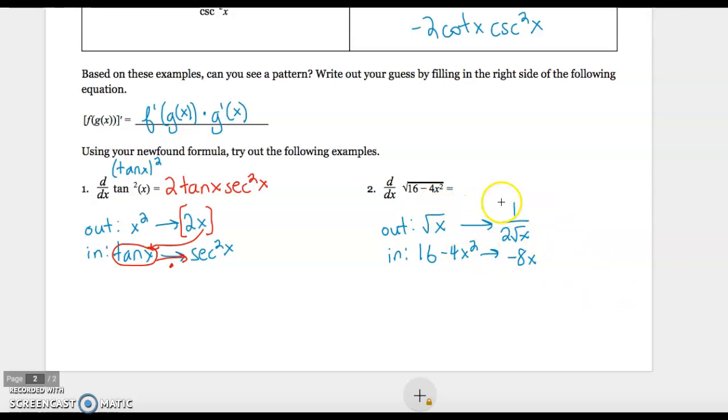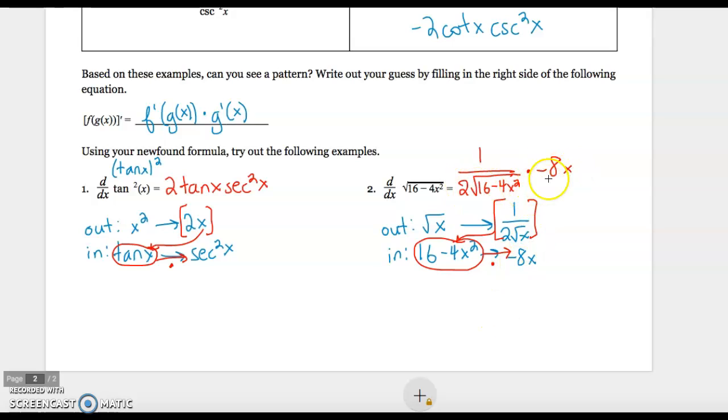All right, now we do the derivative of the outside, keep my inside the same, times the derivative of my inside function. So I get 1 over 2 square root of 16 minus 4x squared times the derivative of your inner function, which is negative 8x. Technically, you can simplify that further as well.